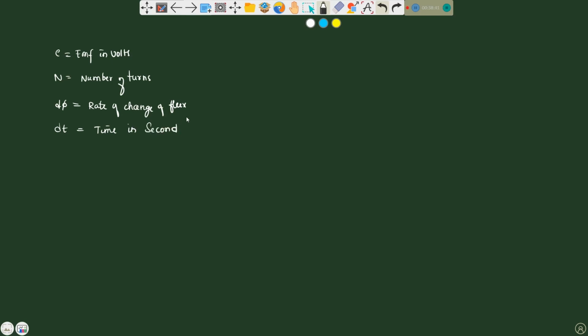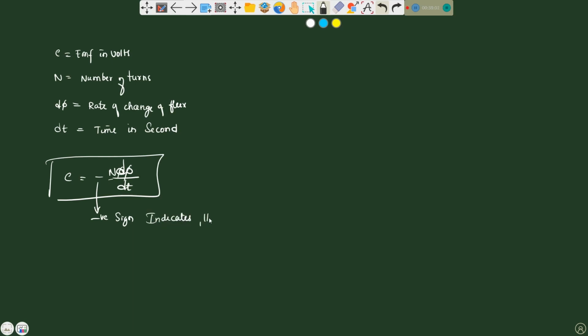Okay, so as we know, E is equal to minus n d phi by dt is the induced EMF, where the negative sign indicates the induced voltage acts opposite to the direction of flux. That is Lenz's law.